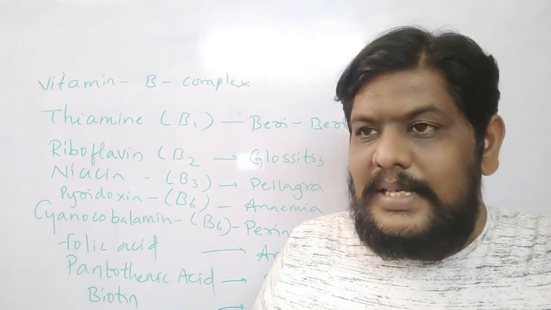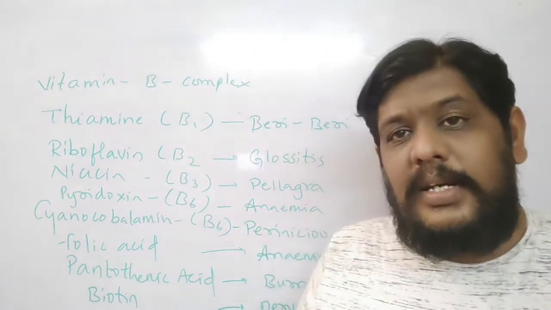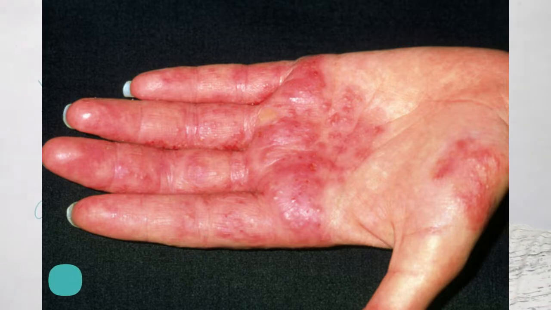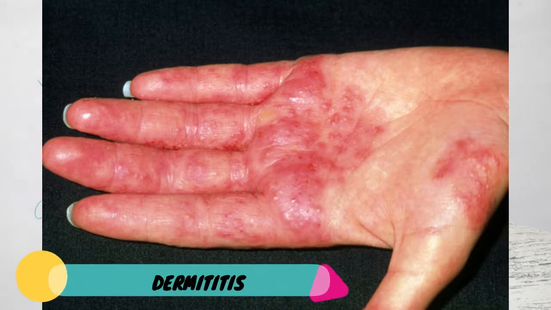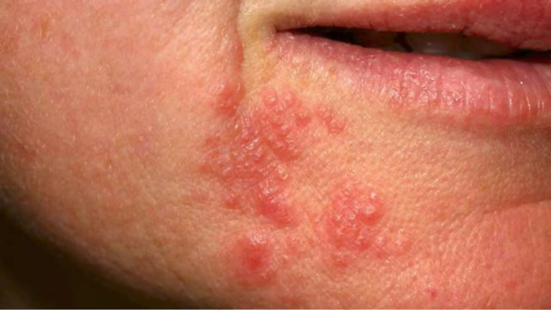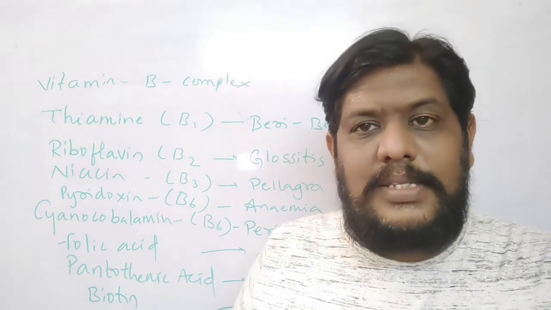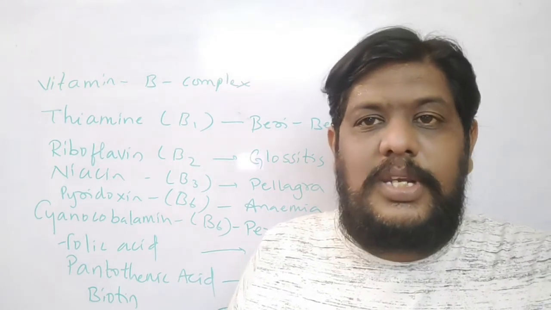You can see the scaly kind of skin. The first symptom is dermatitis, in the sense of skin problems, disease of the skin. Then diarrhea is one of the symptoms. And the third one is loss of memory, which is called dementia.